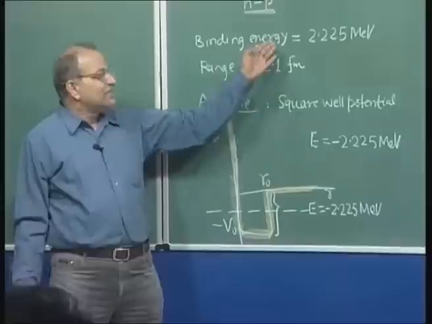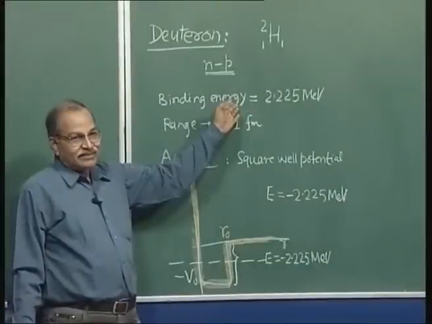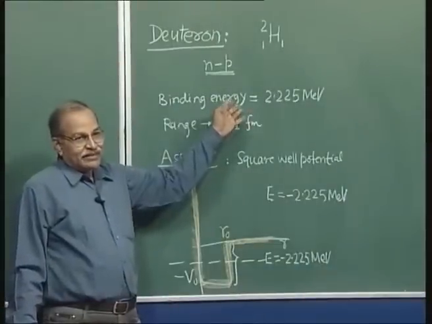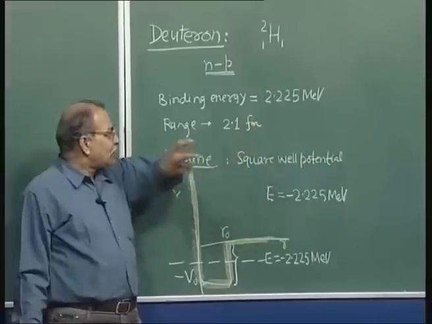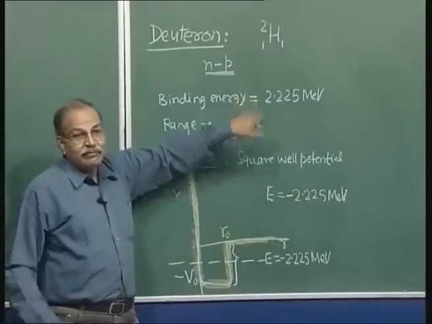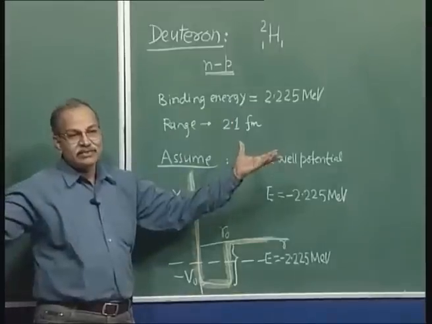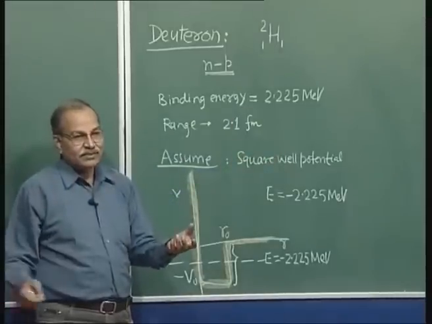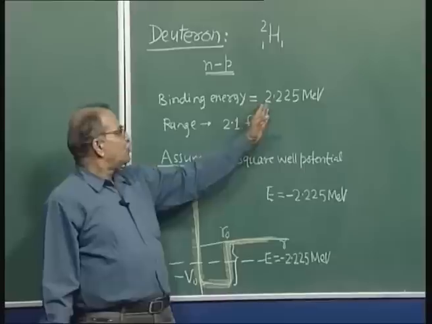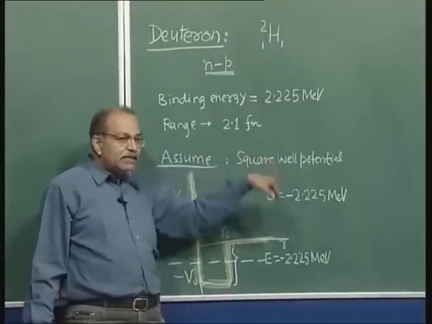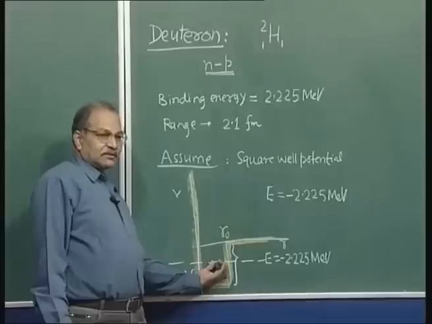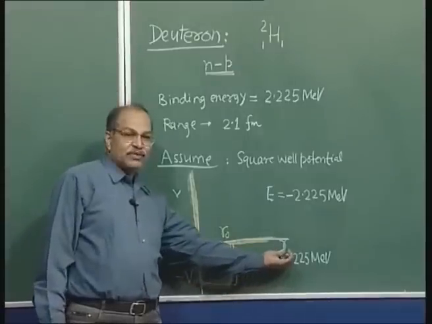That is the meaning of binding energy. It is bound by this much energy. If you supply this much energy, you can break this nucleus into its constituents. So, binding energy is 2.225 MeV means that the total energy is minus 2.225 MeV.